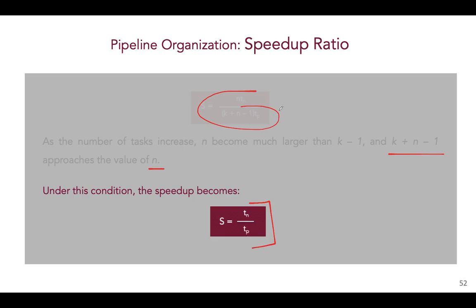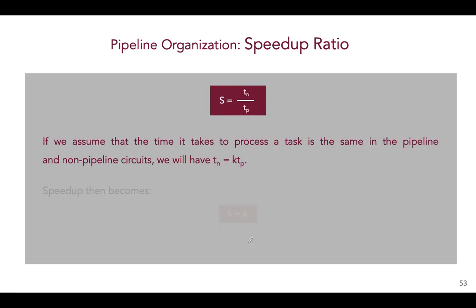Just put it in, and you will get speed up as Tn divided by Tp, which is simply the time it takes to complete the task in a non-pipeline system, and Tp is the time it takes to complete the task in a pipeline system. So simply now you're dividing Tn by Tp, and that gives us the speed up. But that is only valid when n is very, very large.